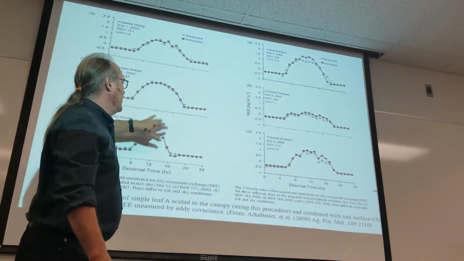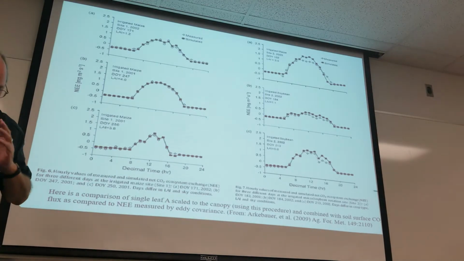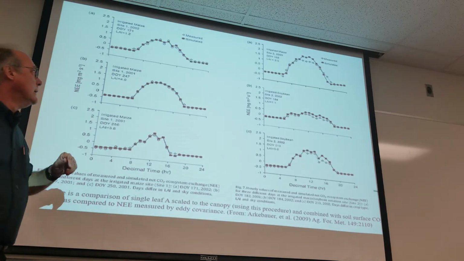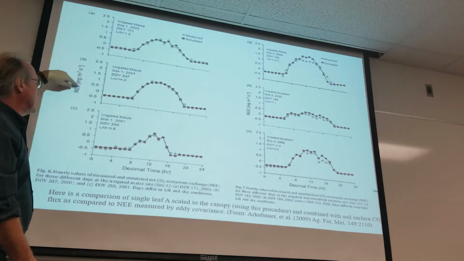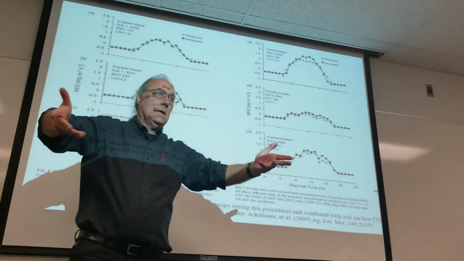So it's a useful approach. I argue that it's the simplest realistic approach we could take to apply what we know at the level of the leaf to a canopy situation and come up with, in this case, NEE, the net ecosystem exchange of CO2 between the atmosphere and the canopy.